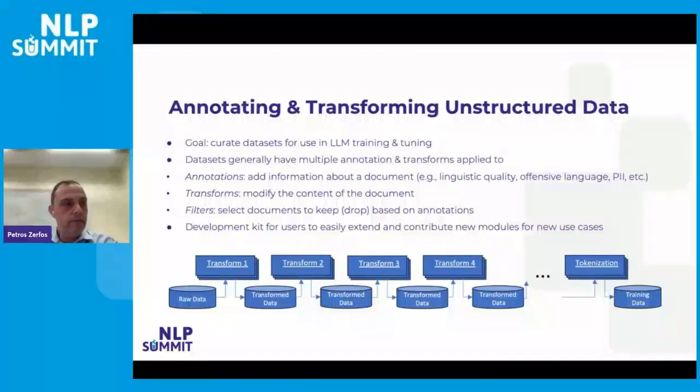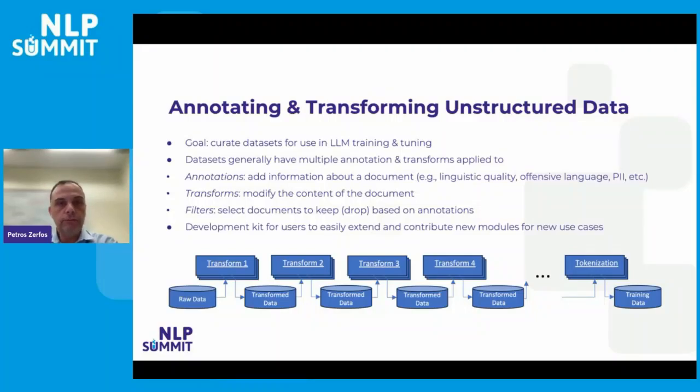But what do these modules do in the Data Prep Kit? These modules are used to annotate and transform unstructured data at their very core. So the goal is to curate the data sets for training and tuning. Generally, once the data sets are ingested, they undergo a series of transforms or annotations.